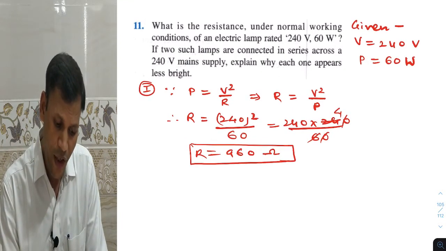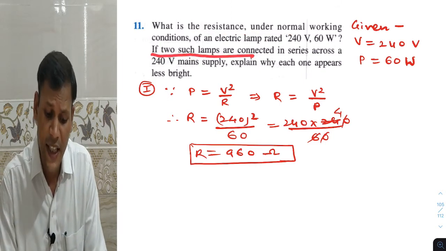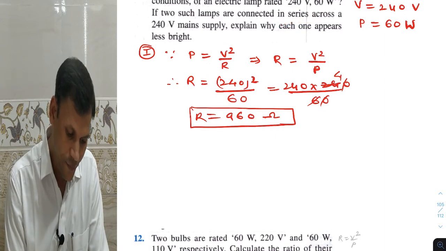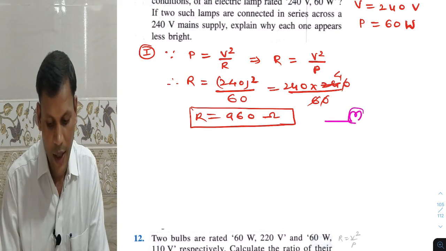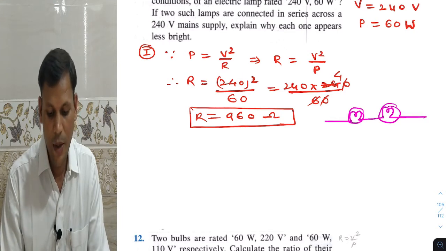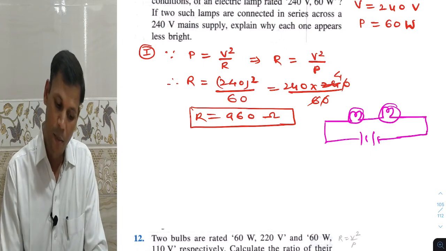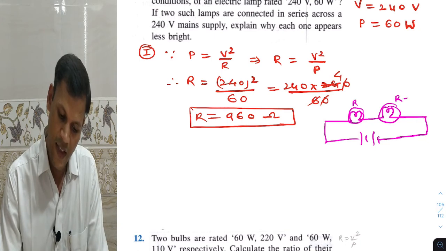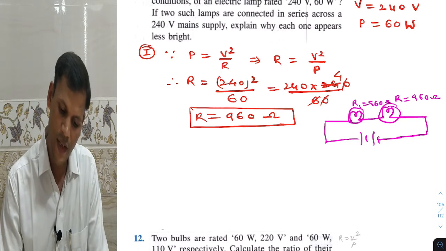So the first part was to find out the resistance, we calculated already. Now if two such lamps are connected in series, let us draw a small diagram of this. Two such lamps, if this is the bulb symbol, if two such bulbs are connected in series, then we know that when they are connected in series the resistance adds up. So this is R, this one also has resistance R, which is 960 ohm. So R1 is 960 ohm and R2 is also 960 ohm.